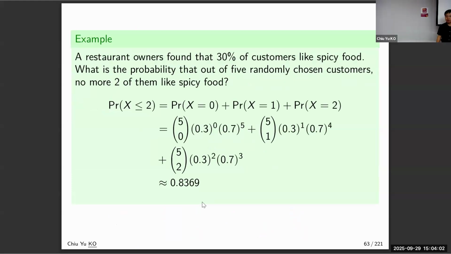We have seen the case of no more than 2. Why do I care about this question? Because we want to know whether he needs to buy spicy from another place, from the market. Maybe in his restaurant he has 2 portions of the spicy. Then he doesn't need to buy if p is very low.